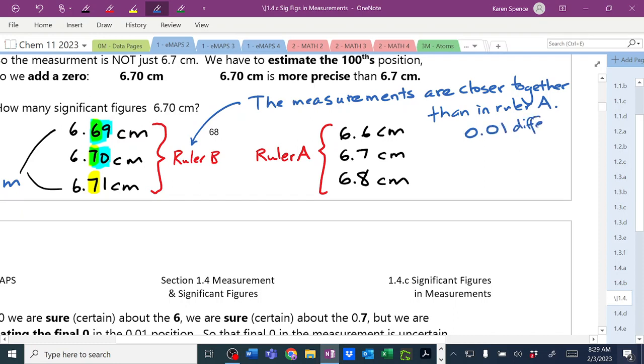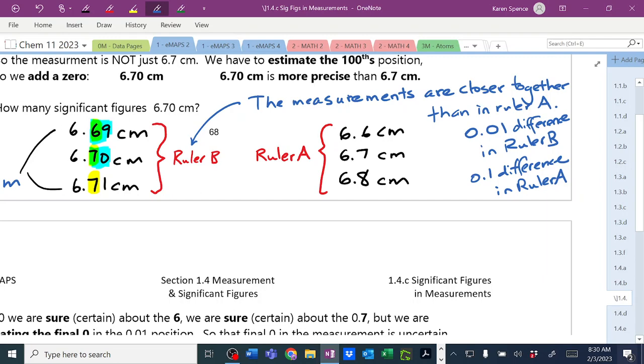There's a 0.01 difference in ruler B, and there's a 0.1 difference in ruler A.